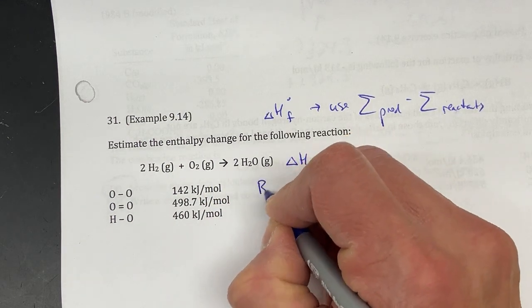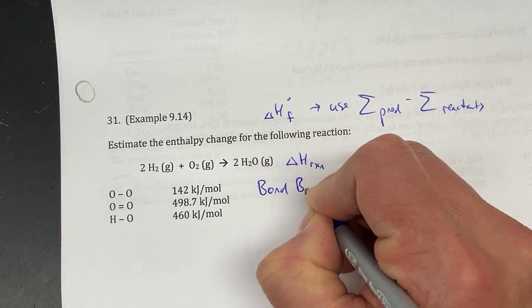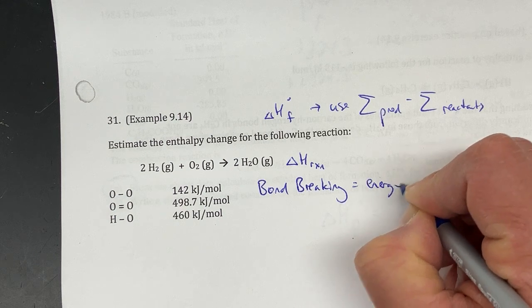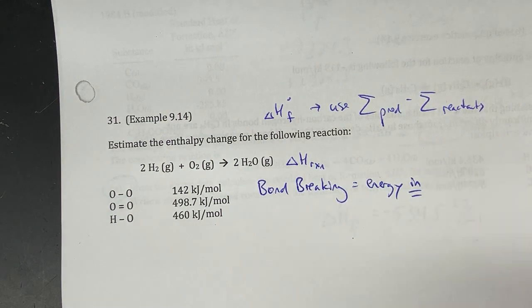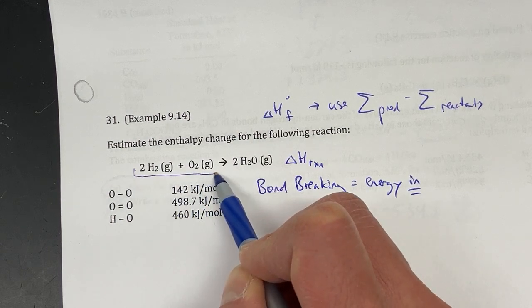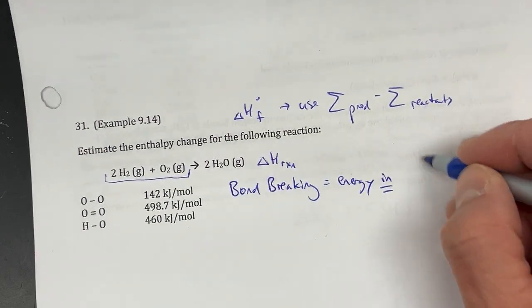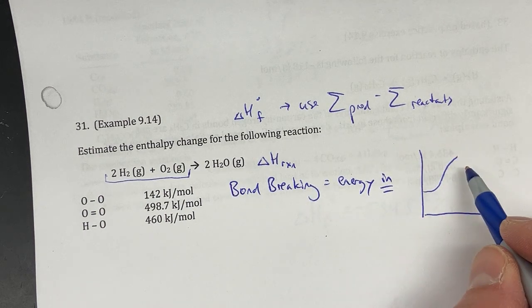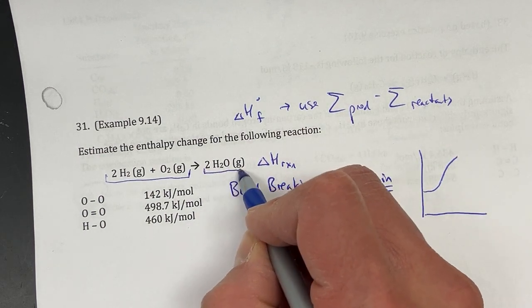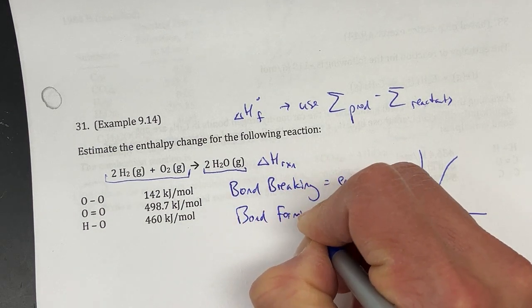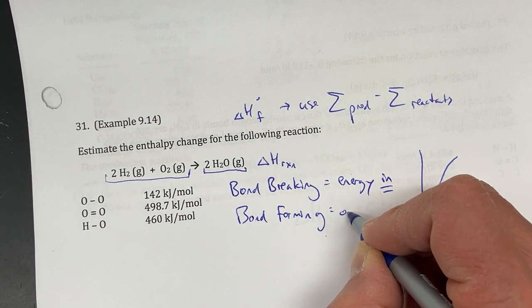bond breaking is energy in. I've got to put energy in to break the bonds. That means all this stuff here, I've got to break first. So that is the upswing of the energy diagram. And then bond forming is energy out.